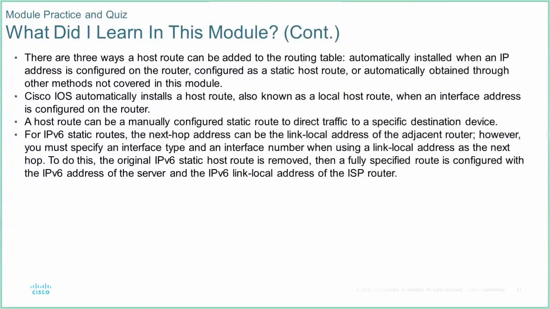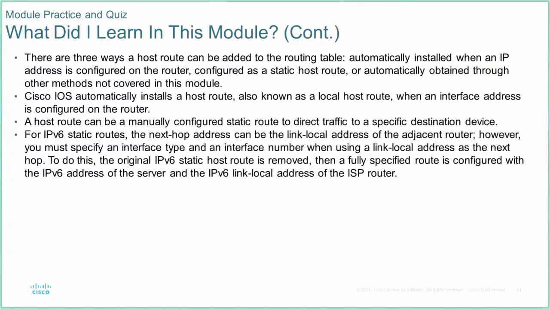And the other thing we looked at and talked about was the fact that the only syntax difference in the default static route commands is when we use the format of exit interface and IP address for a fully qualified route in IPv6.